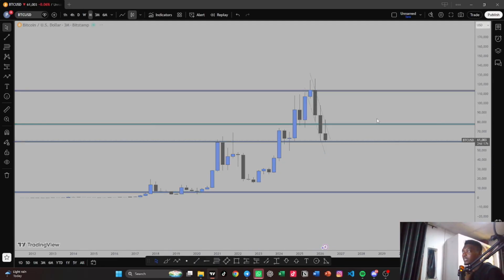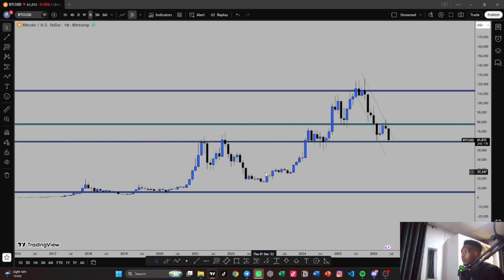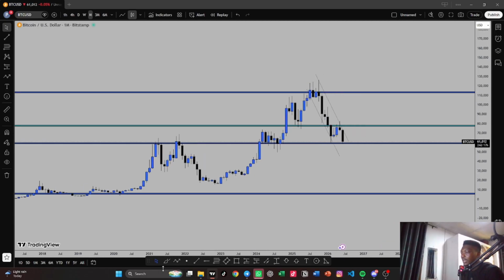On the monthly chart, I will not call this a channel. I will call this a flag of this impulse movement. Then we flag down. Price is likely to give us a double bottom here. Bottom 1. This might likely be our bottom 2 for price to rise to the top.